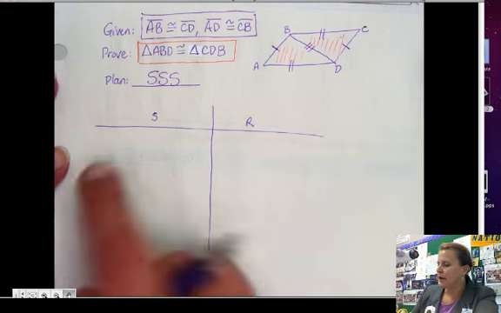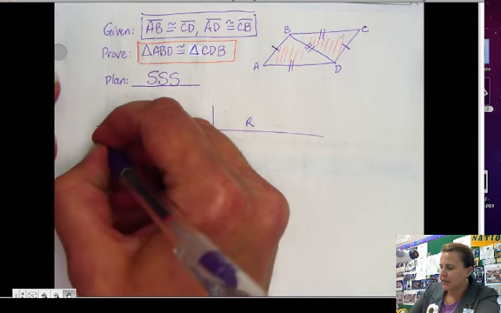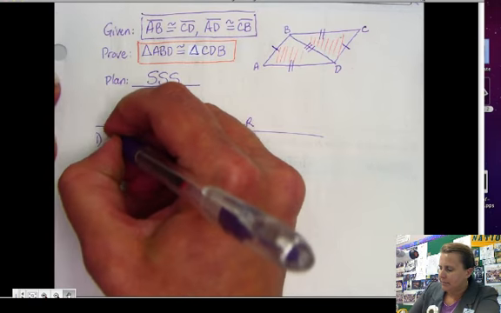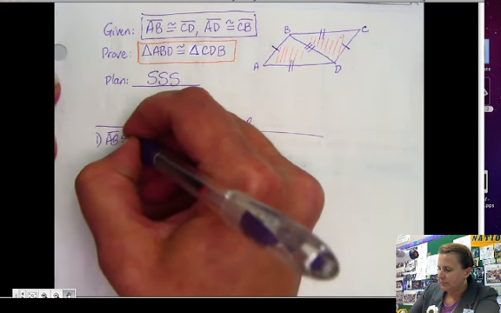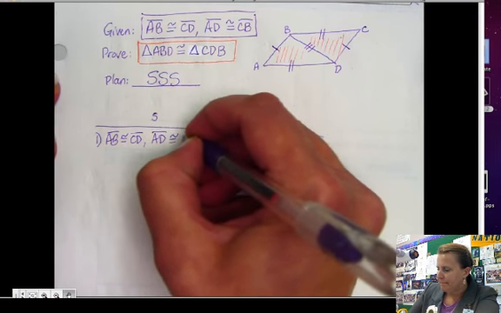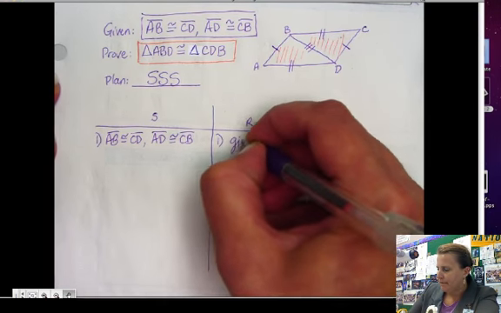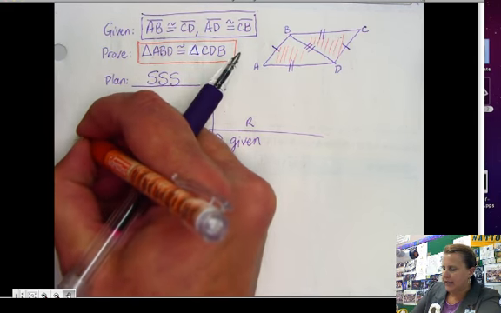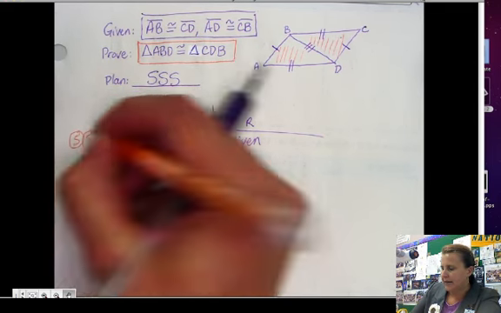Okay, so let's go ahead and start writing our proof. Now that we have our plan, I'm going to write my given. You'll notice that I already have two sides done, so I have a side and a side.